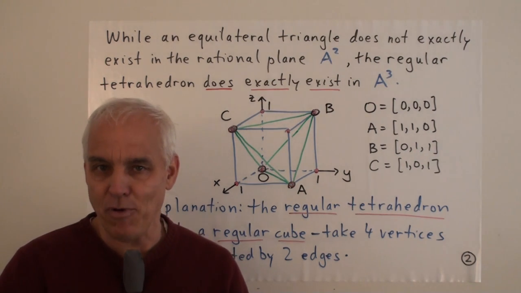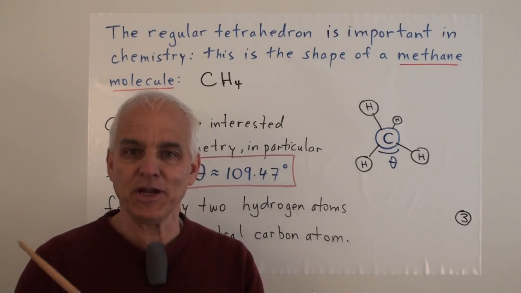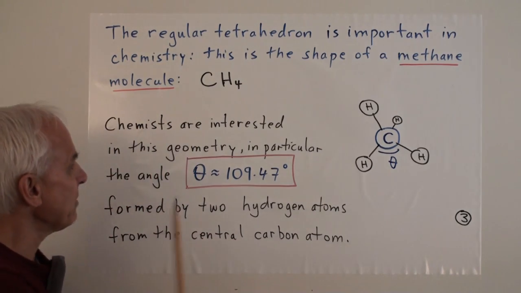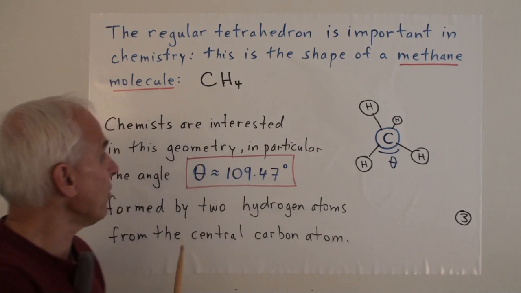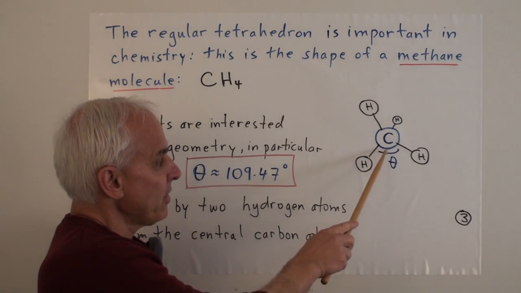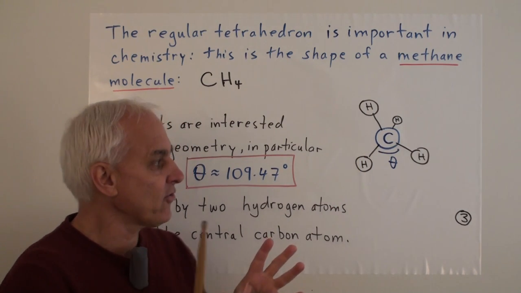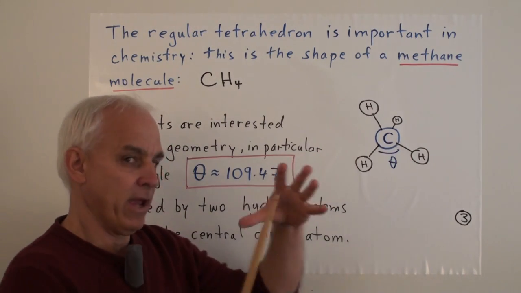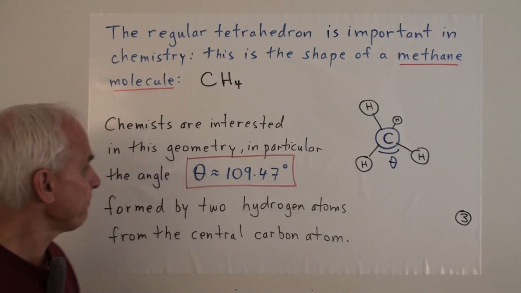Because of its pleasant regular shape, the regular tetrahedron occurs in a number of different areas. In particular, it's important in chemistry, where it represents the shape of a methane molecule, CH4, where we have a carbon atom surrounded by 4 hydrogen atoms, which are equally spaced, so that the 4 hydrogen atoms form a tetrahedron with the carbon atom in the center.